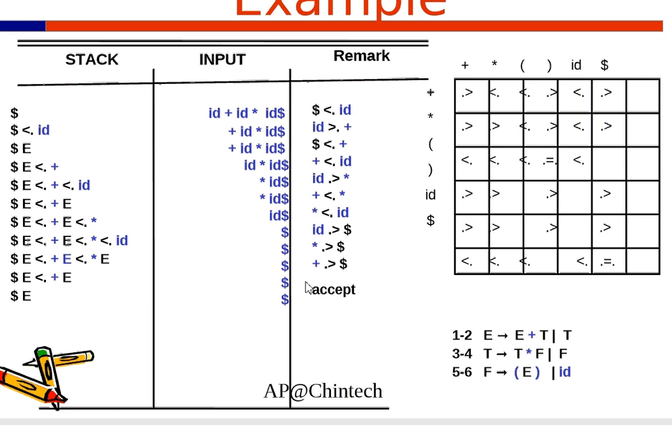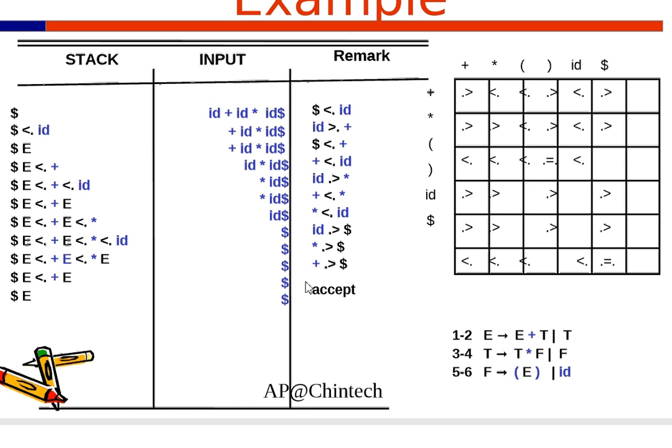It will become E. Next, don't consider the non-terminal. Without considering the non-terminal, you have to check it. Next is star and dollar. It is greater, so you will pop up to what? Less than. So actually it is E into E. You reduce it into E itself. Right? Okay. Next is plus and dollar.